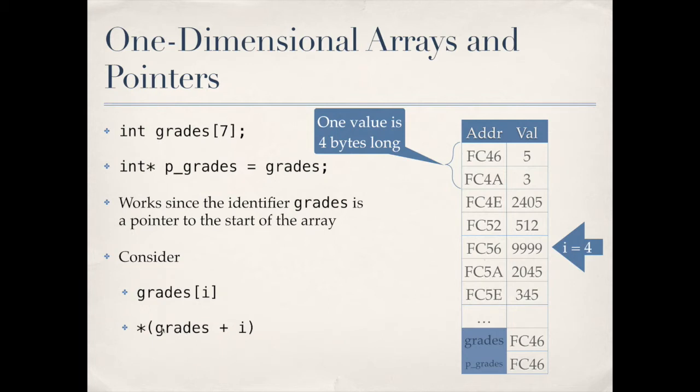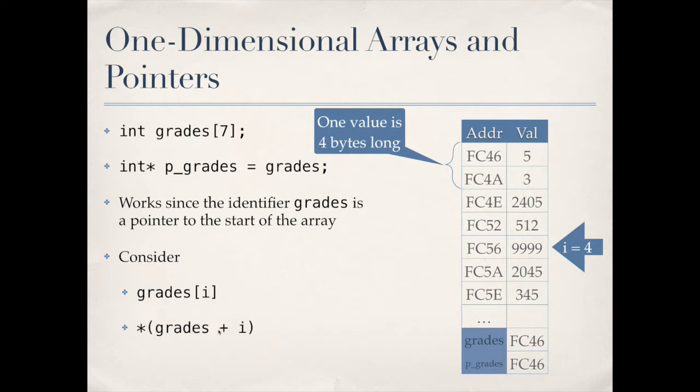Good. But now we are looking into a slightly different line of code, and let's see what comes up here. We take grades, add I, and then out of that we are fetching the value. This means here we have a pointer, grades is the pointer to the first element.